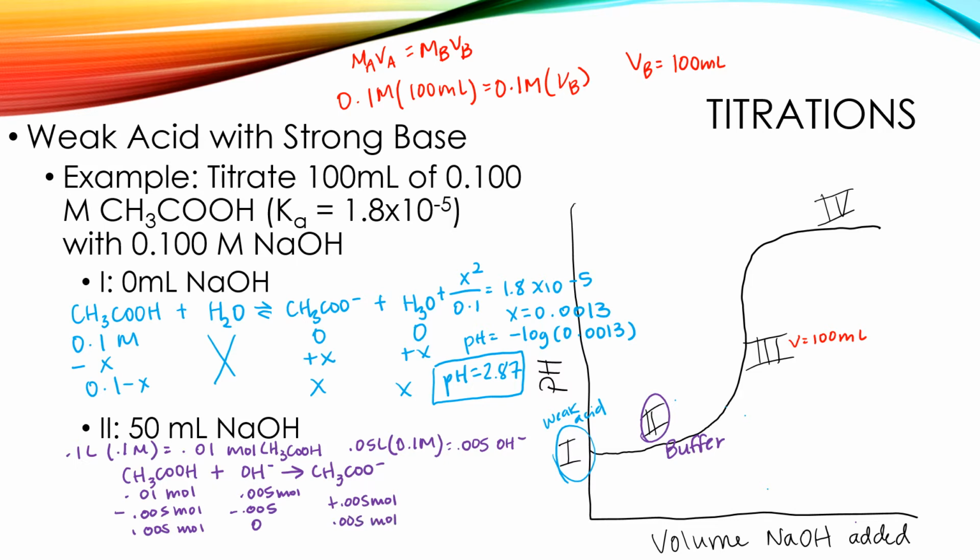My new volume is 100 plus 50, so 0.15 liters, and dividing by 0.15 liters, that is 0.03. Now I can plug this into Henderson-Hasselbalch. You should also recognize that these concentrations are equal, so pH is just going to equal pKa, which is 4.75.